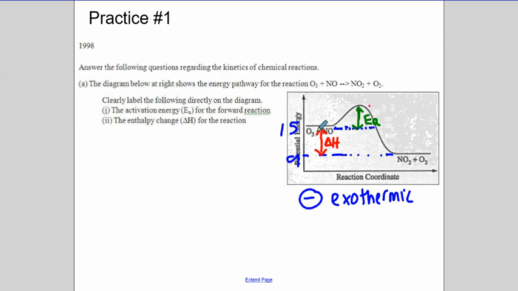And then the difference in energy from our reactants to our products is our delta H, which is how much energy is being released. Since the products are lower energy than the reactants, it's releasing this extra delta H, which is why it's exothermic and has this negative energy value.